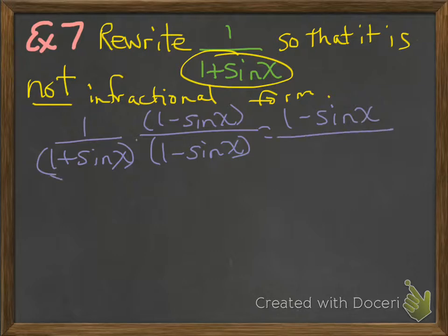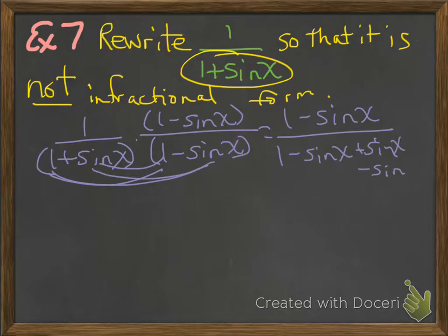And on the bottom, when I FOIL it out, or just double distribute, I get 1 minus sine x plus sine x minus sine squared x.